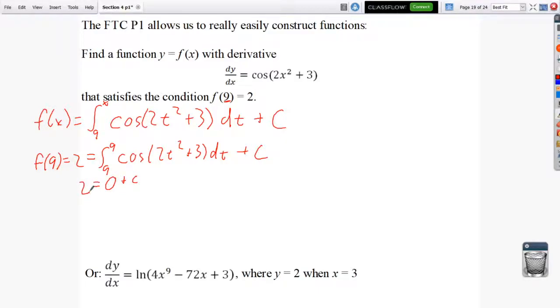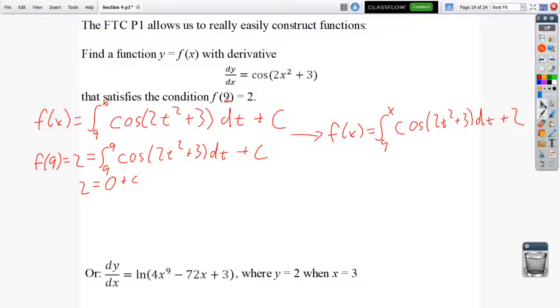Any wild guesses what c is going to be? That's right, it's going to be 2. So all of this stuff becomes f of x is equal to the integral from 9 to x of cosine of 2t squared plus 3 dt plus 2.